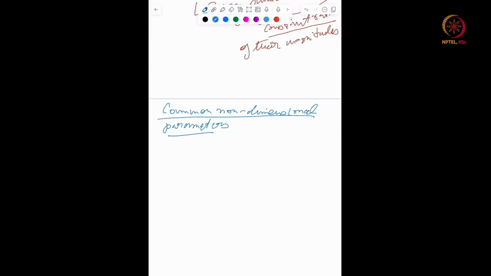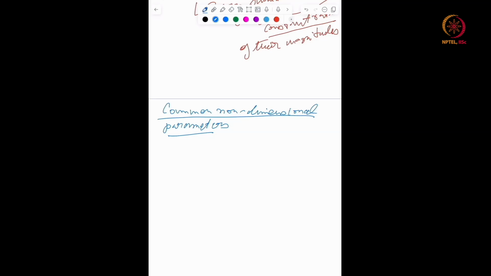This should be something interesting to look at. So we can start by looking at the Navier-Stokes equation, for example, and then try to see what the common non-dimensional parameters in fluid mechanics are. Your measurement should be able to give you ideas about what these non-dimensional parameters are. It is quite a large group of non-dimensional numbers that already exists in fluid mechanics, heat transfer, and related fields, heat and mass transfer.